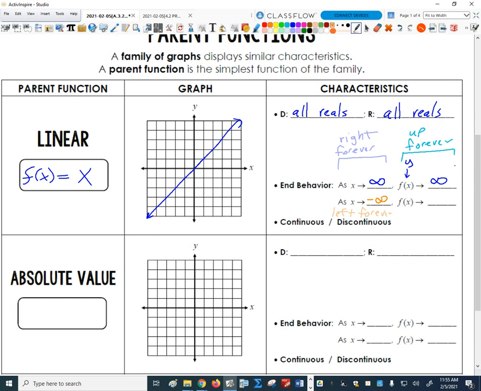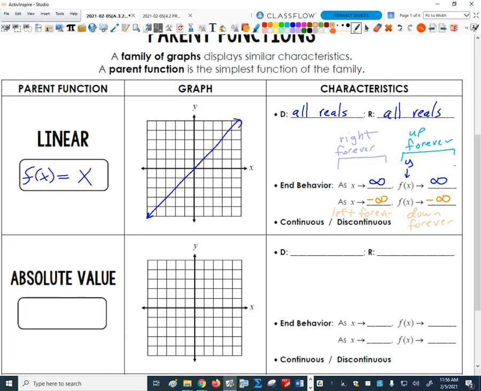What are they approaching as the ant's walking along this graph to the left forever? Go ahead, Gabrielle. You can answer that one too. Negative infinity. There you go, negative infinity. Perfect. So as he goes to the left forever, he's also going down forever, right? That's how we interpret that.